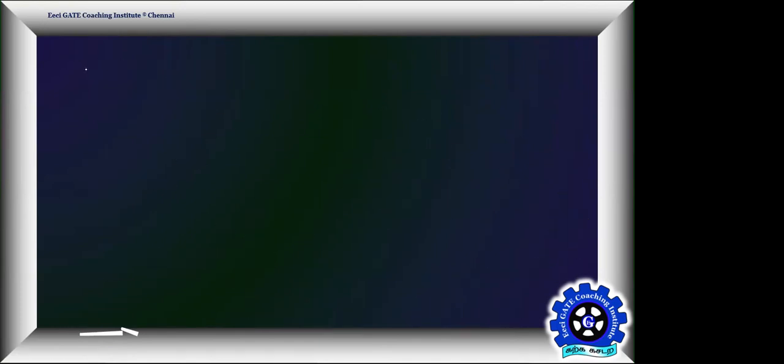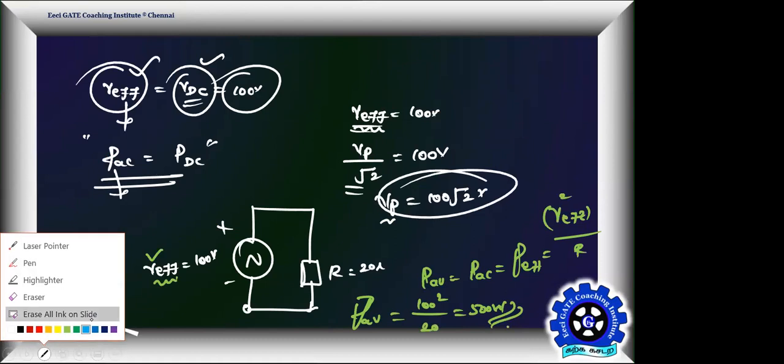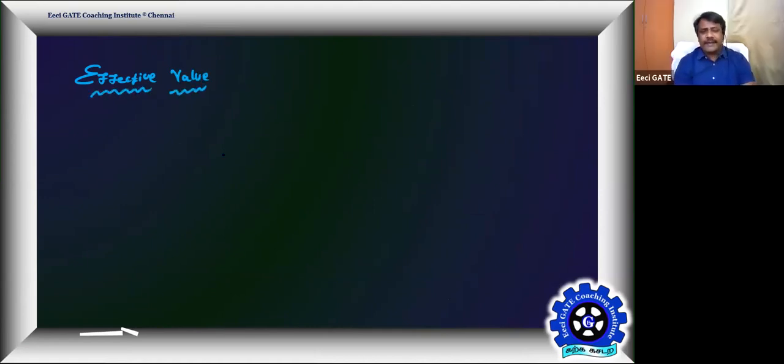So we'll talk about the effective value now, the value of a sinusoidal signal. How do we calculate the average power? The average power is equal to 1 by T integral 0 to T. Imagine the AC source is delivering power to a resistor.